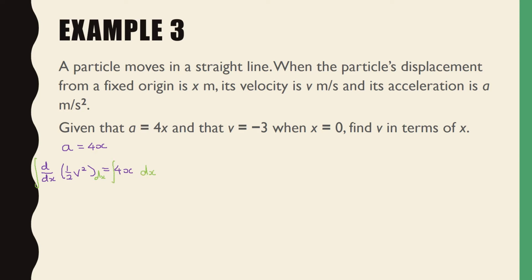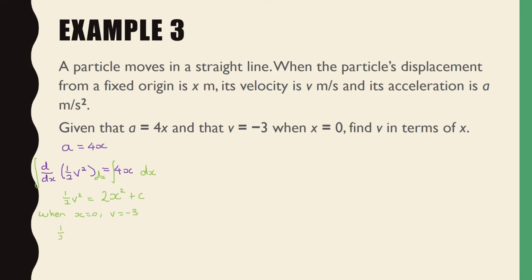Here on the left, the integral of the derivative cancels out and I'm left with a half v squared. On the right side, when I integrate this with respect to x, I add 1 to the power, which is 2, divide by the power, so 4 divided by 2 is 2, plus c. To find c, we need to substitute in our initial condition. So when x equals 0, v equals -3.